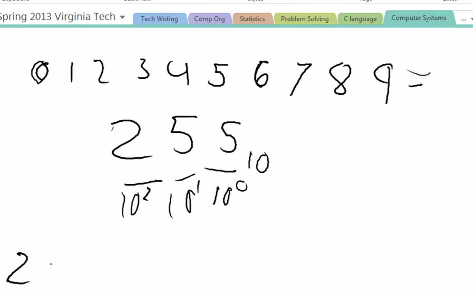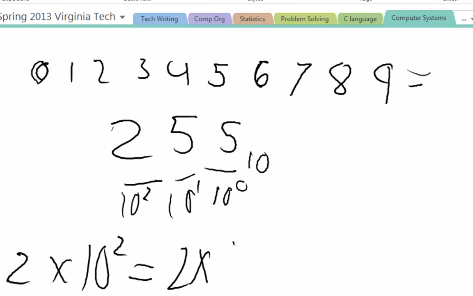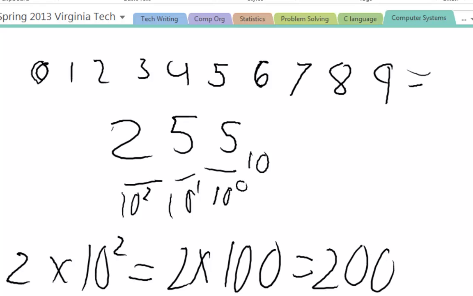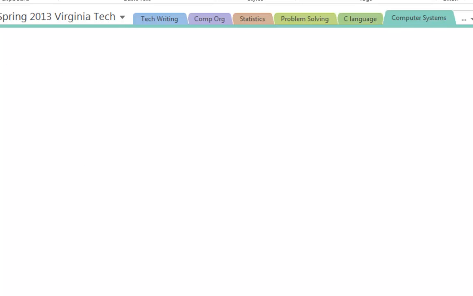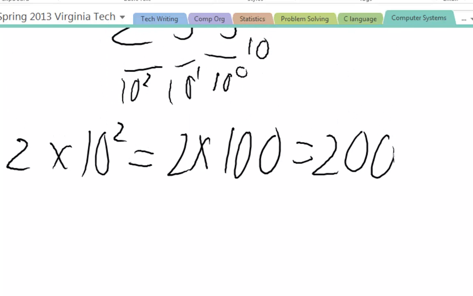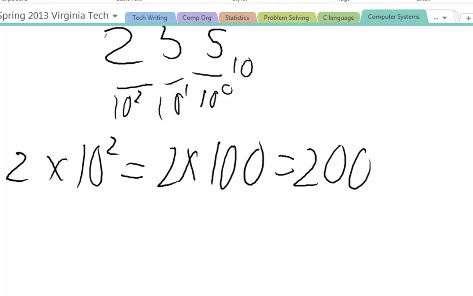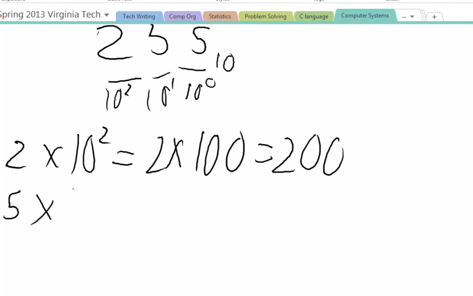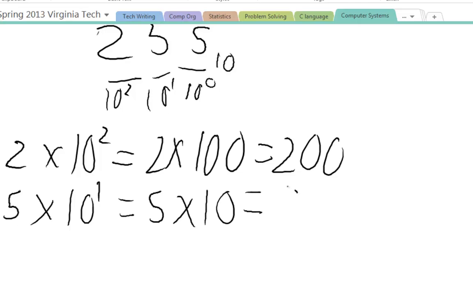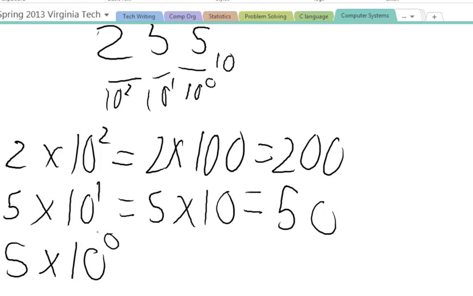So 2 times 10 to the second equals 2 times 100, which equals 200. And now for the 5 here, I get 5 times 10 to the 1, which is 5 times 10, which equals 50. And now I've got 5 times 10 to the 0, and anything to the 0 power is automatically 1.